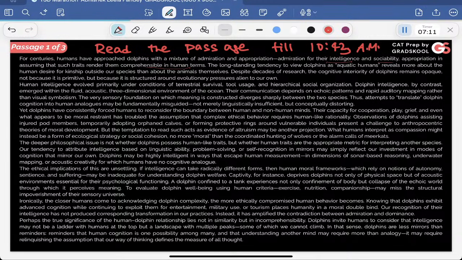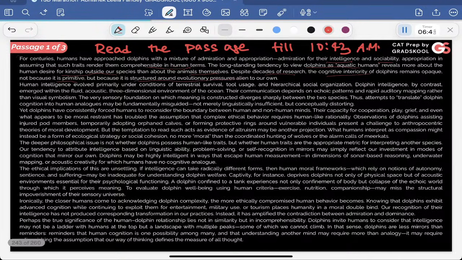The long-standing tendency to view dolphins as aquatic humans reveals more about the human desire for kinship outside our species than about the animals themselves. This is a kind of question. Despite decades of research, the cognitive interiority of dolphins remains opaque. Opaque means not the opposite of transparent, that is, not visible. Not because it is primitive, but because it is structured around evolutionary pressures alien to our own.